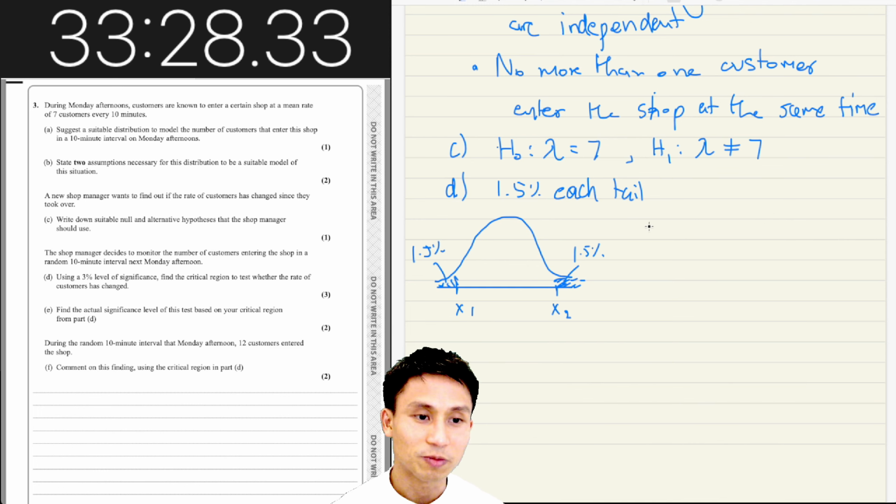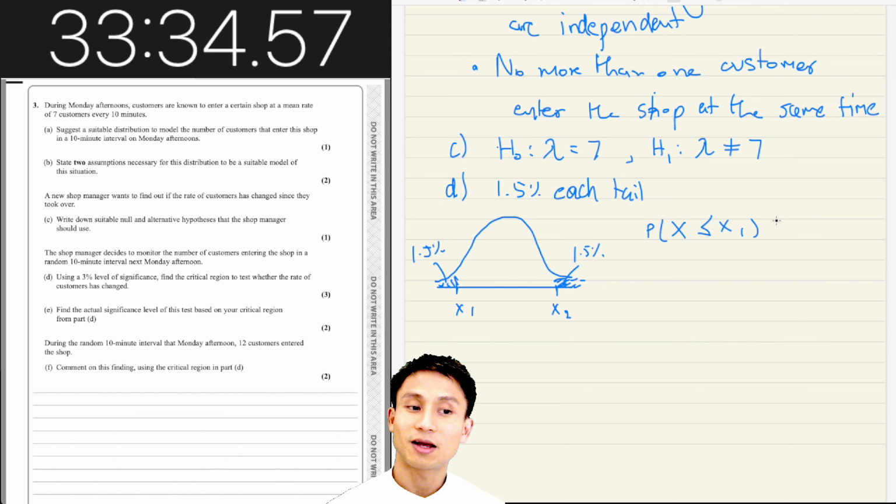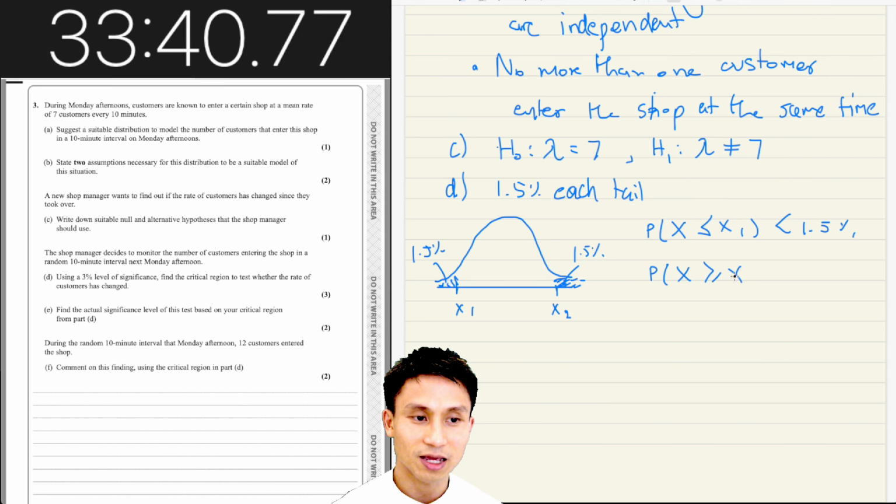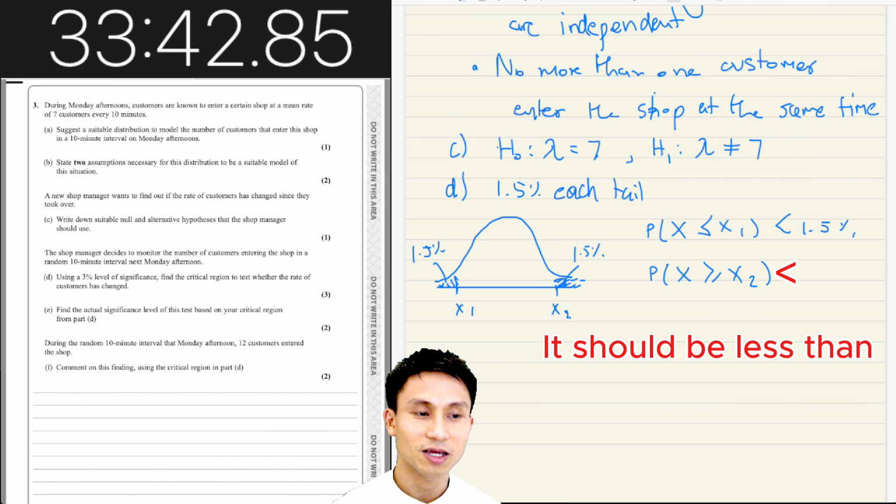So we must seek the probability of X less than or equal to x1 has to be less than 1.5%. And the probability of X greater than or equal to x2 has to be less than 1.5%.